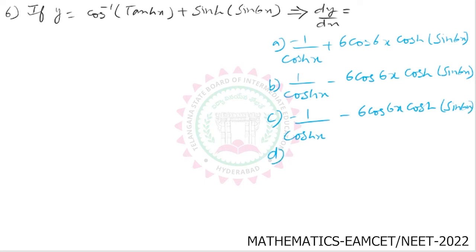And the fourth option is 1 by cos hx plus 6 cos 6x into cos of sin 6x. Okay, no doubt the options are very easy, but we have to write.